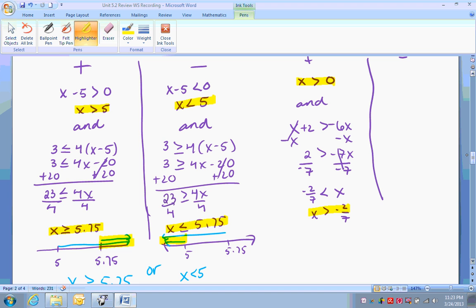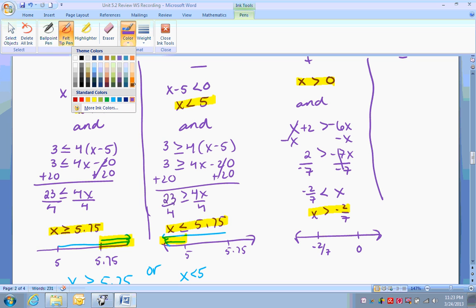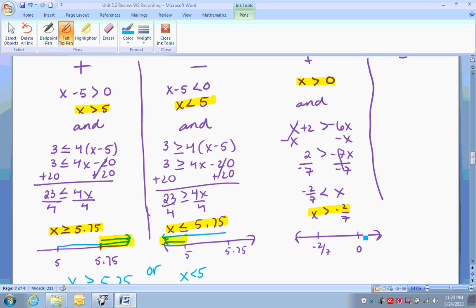Okay, let's draw our little number line, and we need negative 2 over 7 and 0. Now I'm going to shade what the inequalities said: x must be greater than 0 and x must be greater than negative 2 over 7. I highlight where they both are, and I realize that it's telling me that x must be greater than 0 on this side.